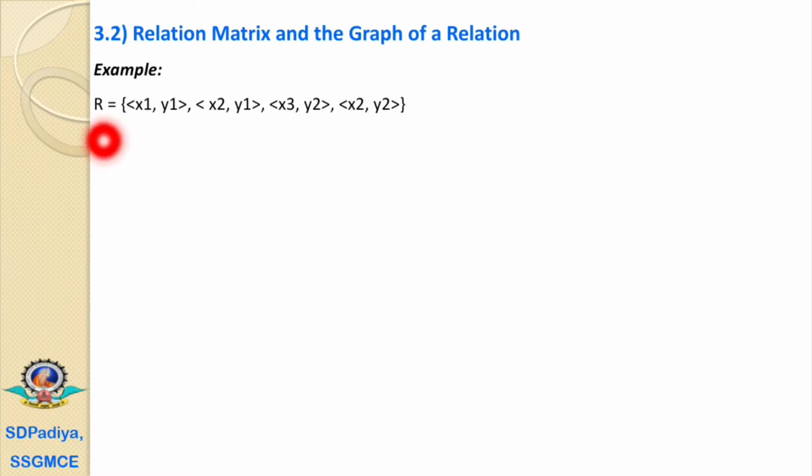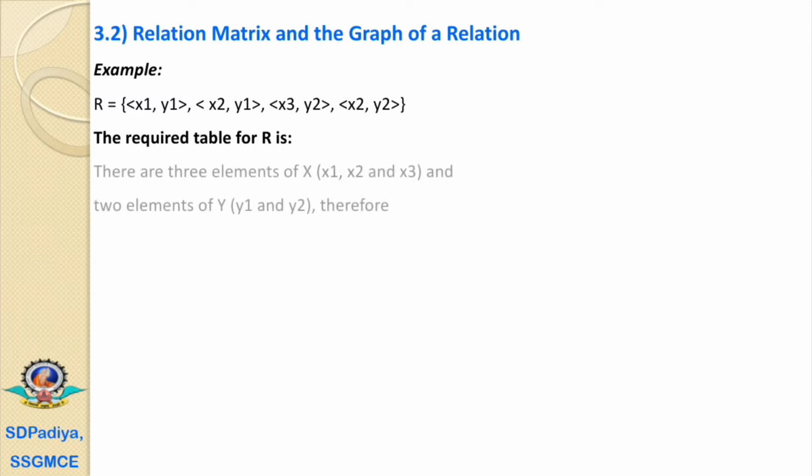We have one relation. It is a set of ordered pairs (x1, y1), (x2, y1), (x3, y2) and (x2, y2). There are four relations. Therefore, to design the required table or matrix, first we have to be clear how many rows and how many columns there are.